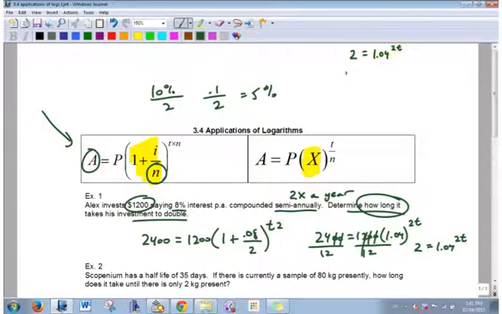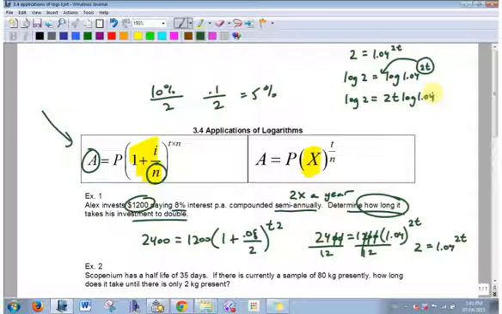Whatever you do to one side, do to the other side. And the reason is, what can I do with that exponent now? This thing I can put down here. The power rule tells me I can do that. So that's 2t times log of 1.04.